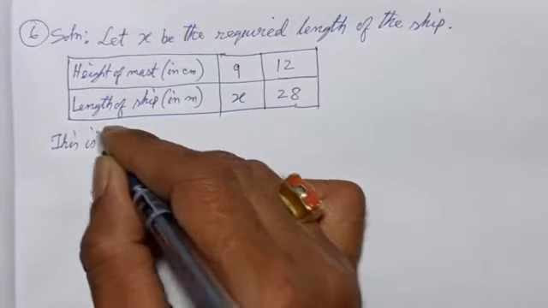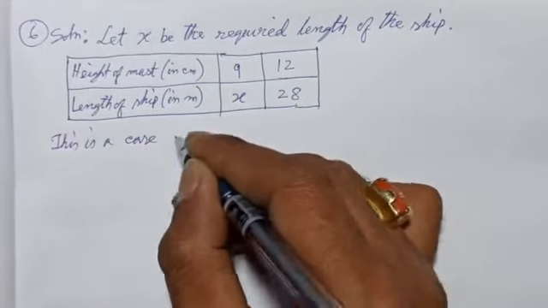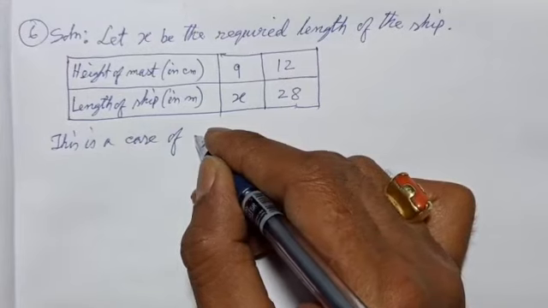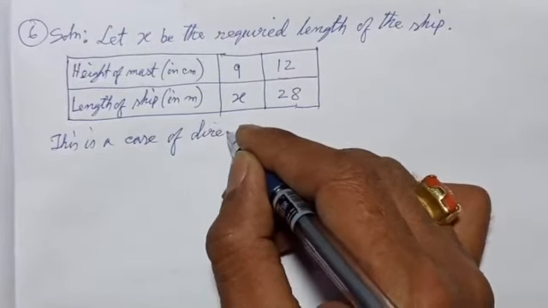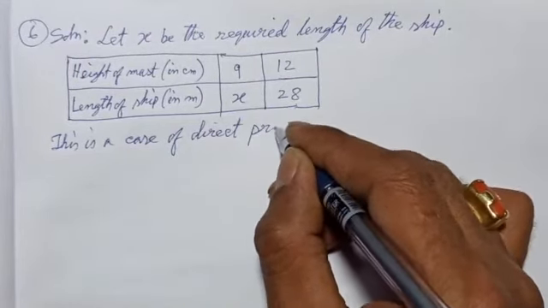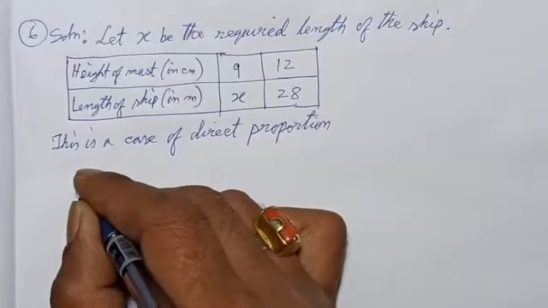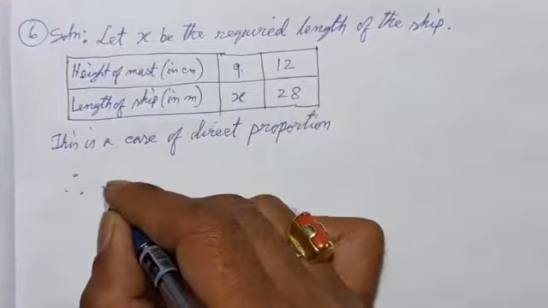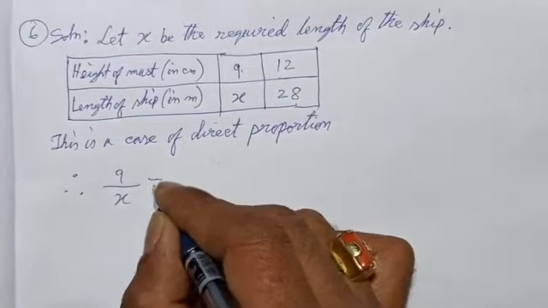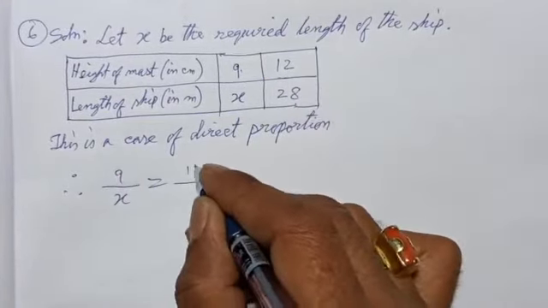This is a case of direct proportion. Therefore 9 by x is equal to 12 by 28.